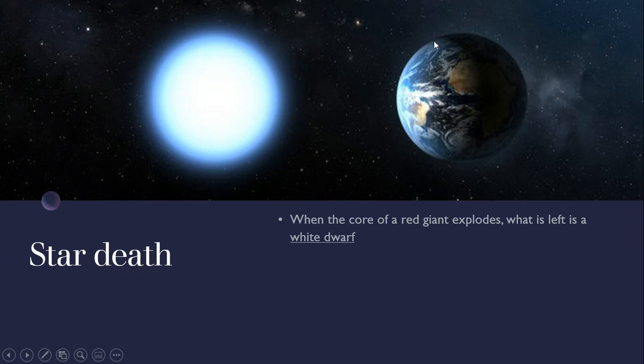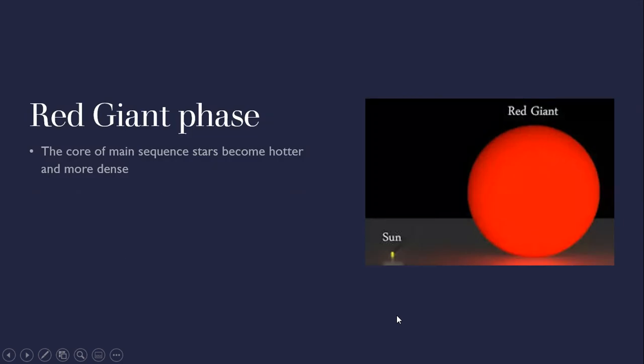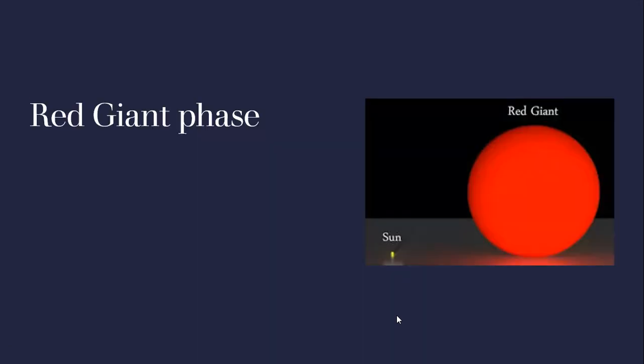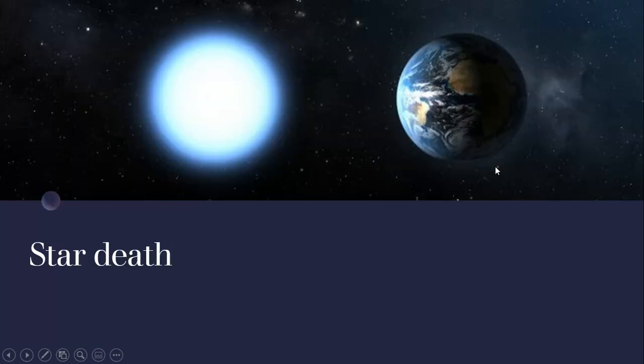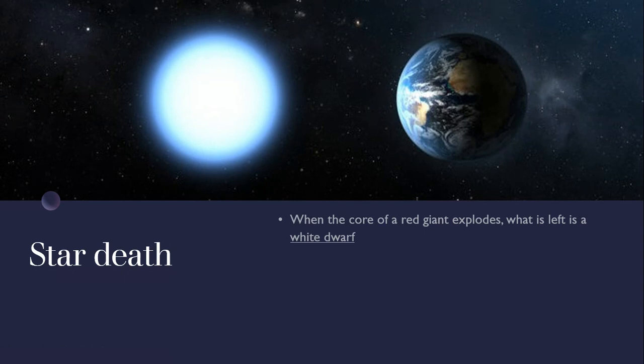This is not a real picture, it's just a size comparison to show that the star went from being this size, like our sun as we know it, it blows up to this red giant, like this, and then it condenses all the way back down to the size of the Earth, which is so much smaller than the sun. So all this matter is just packed in there.